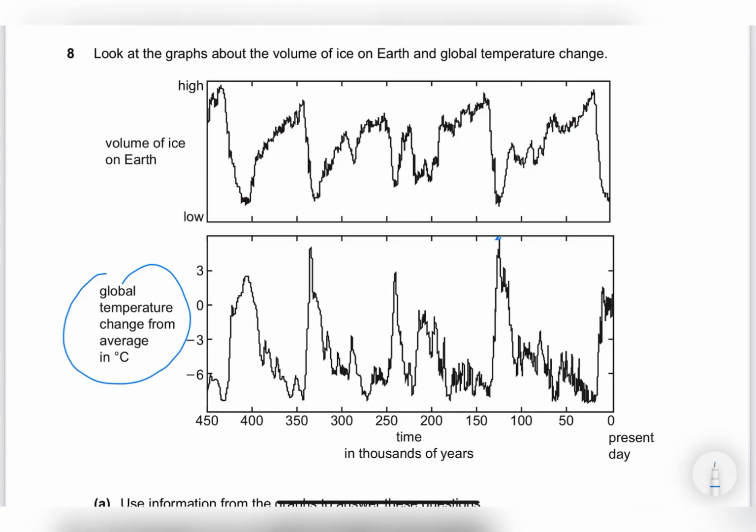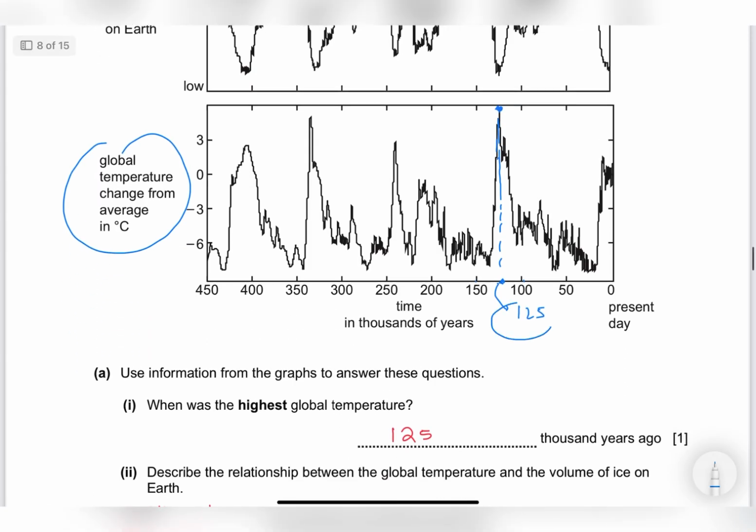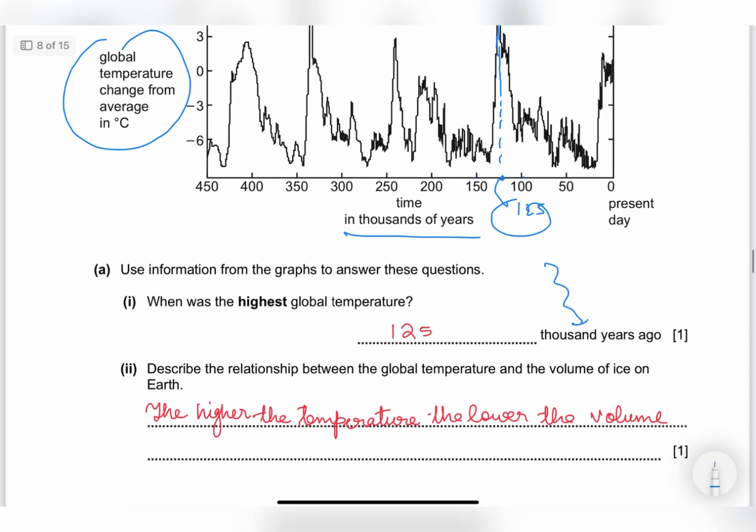So this one is the highest according to me. And if we come down, this one is between 150 and 100. What comes between 150 and 100? 125. So we write down 125,000 years ago.